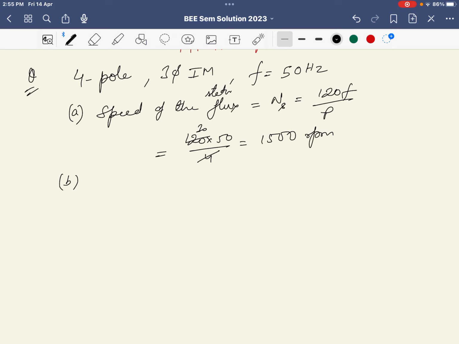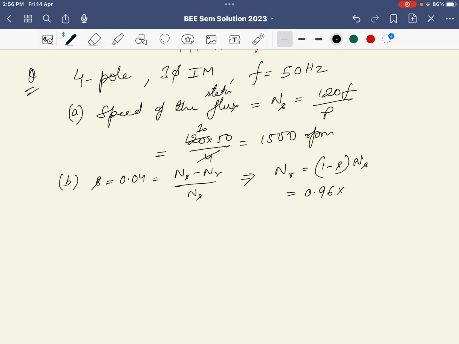Another question is the speed of the rotor when the slip is 0.04. You know that s is nothing but (ns minus nr) by ns. That's the formula of the slip. From this, nr is equal to (1 minus s) into ns, which is 0.96 into 1500.